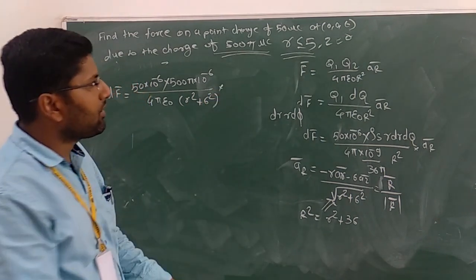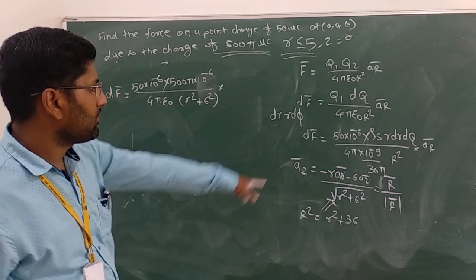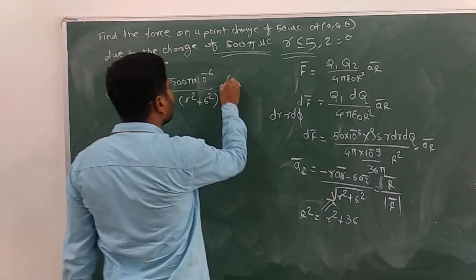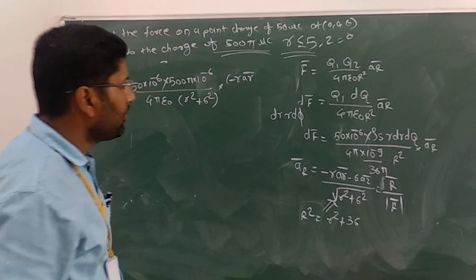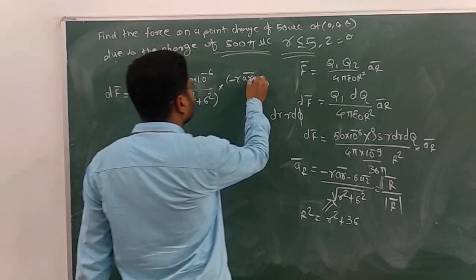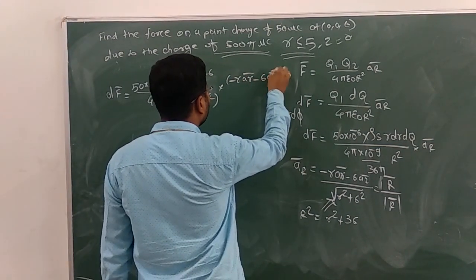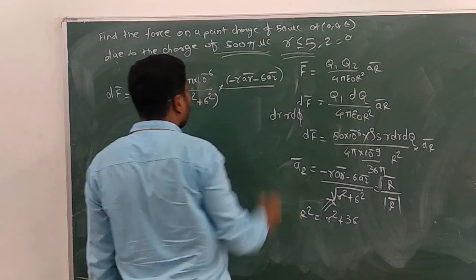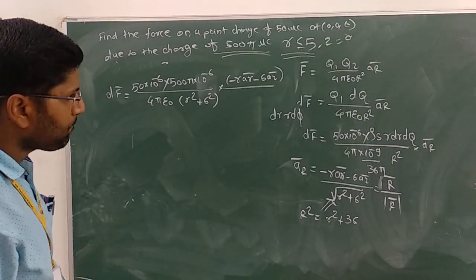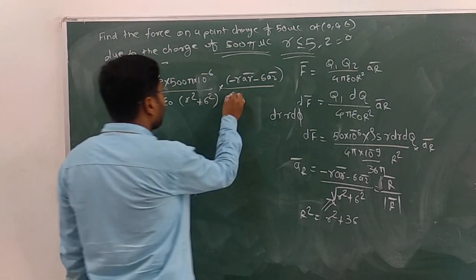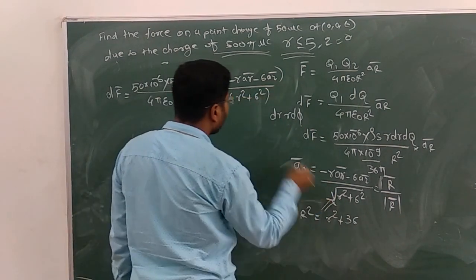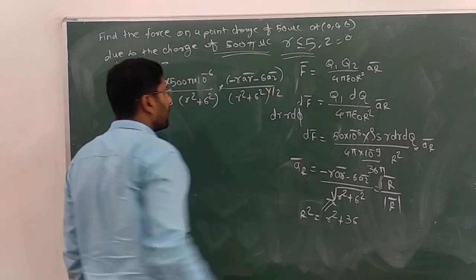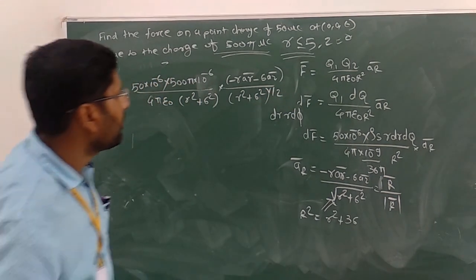What is AR bar now? AR bar is here minus R AR bar minus 6 AZ bar, divided by R square plus 6 square, root; instead of root I will write 1 by 2.